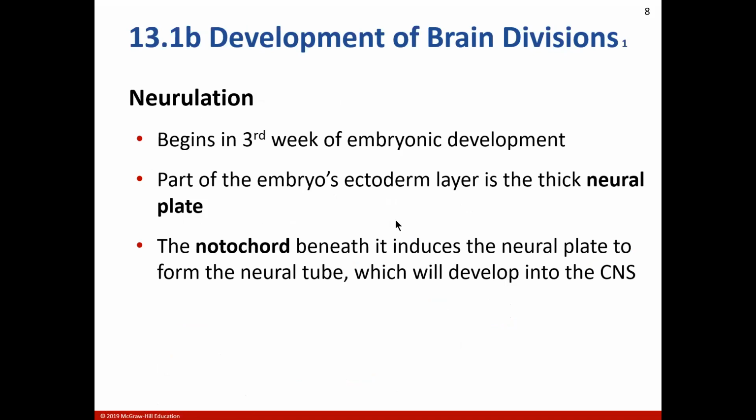Right? So development of the brain and its divisions. I'm not going to go into this too deeply, right? So the notochord is one of the early beginnings of the brain and spinal cord. The relation is just development of the nervous system. So it begins really early, third week, right? Right, Renee? This is like 3 weeks after that Friday night.